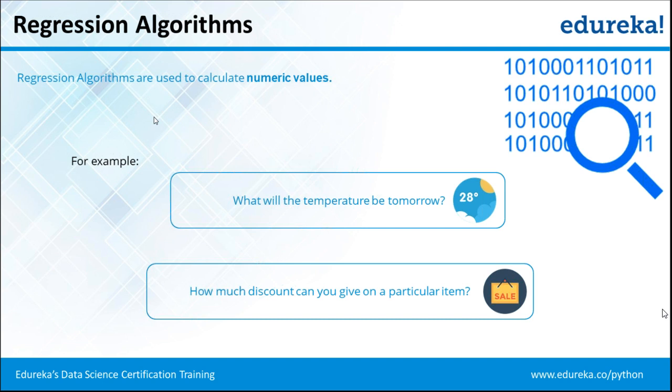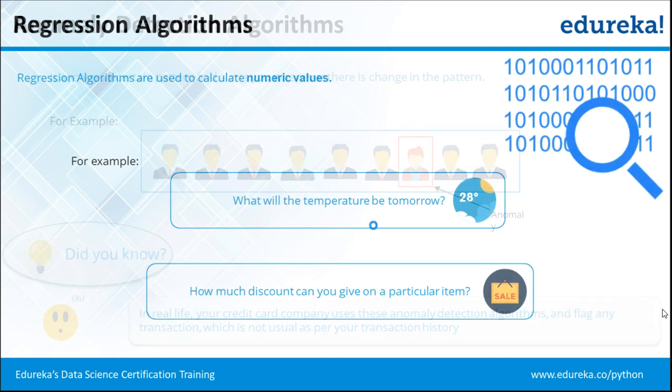Regression algorithms are used to calculate numeric values mostly, because if we talk about infinite values, it will happen with numeric values only. For example, what will be the temperature tomorrow, or how much discount can you give on a particular item. Wherever the numeric values can be anything, real values specifically, it becomes infinite, so we use regression algorithm techniques.